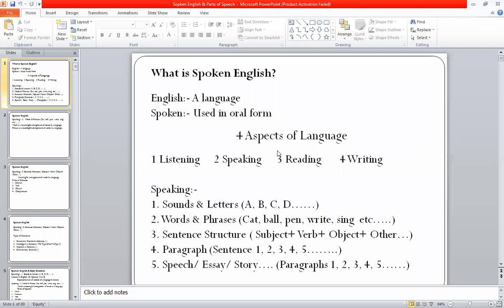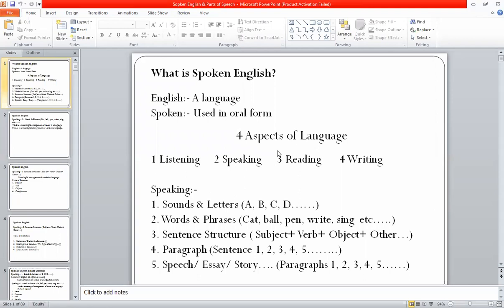Then he told us to read them. After reading practice, he told us to listen to the people who are speaking to us.